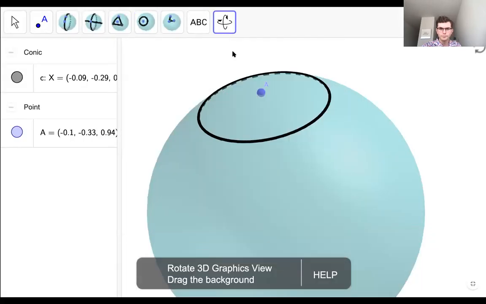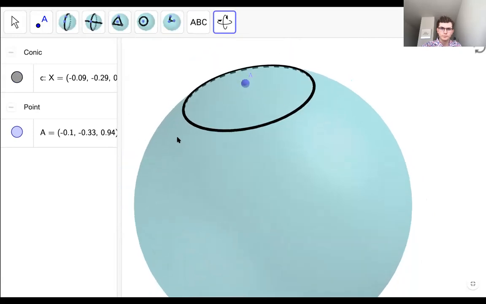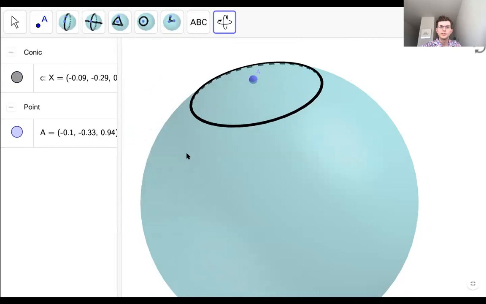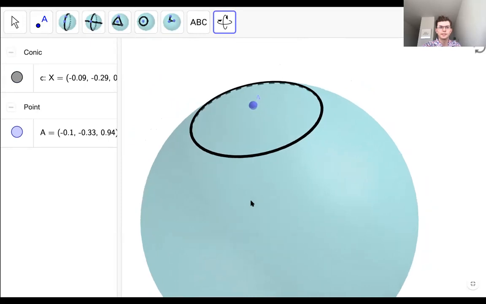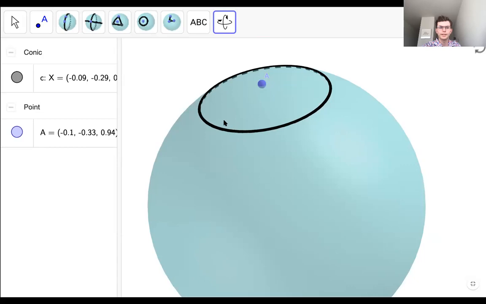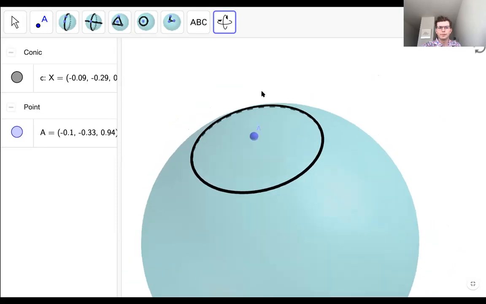And so you can define the circle, still on the surface of the sphere, as the points whose distance from this given point is a fixed number. In this case, the circle I'm looking at has radius 0.5. It's easier to say if this were the North Pole, because we know some of the terminology in that case.